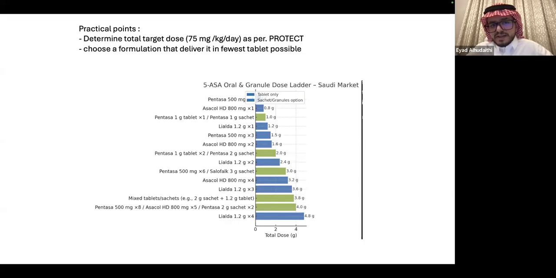And concept number two is, when you calculate the dose, choose the formulation that delivers it in the fewest tablets possible.